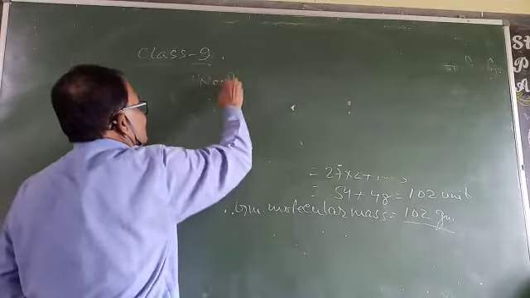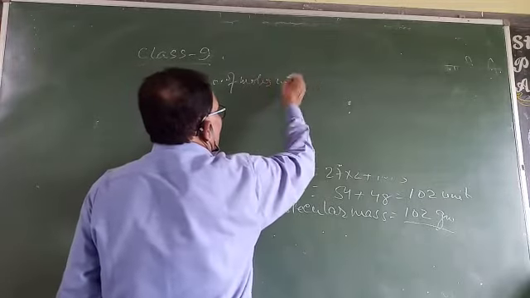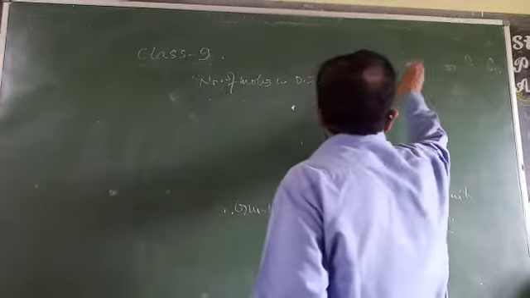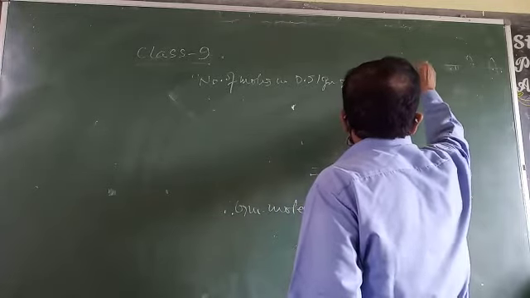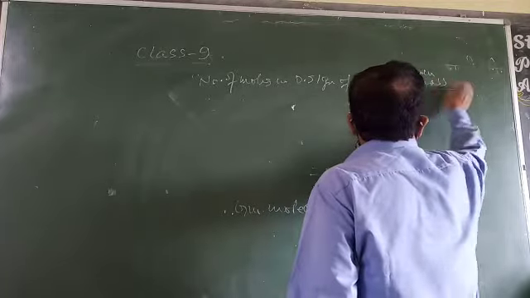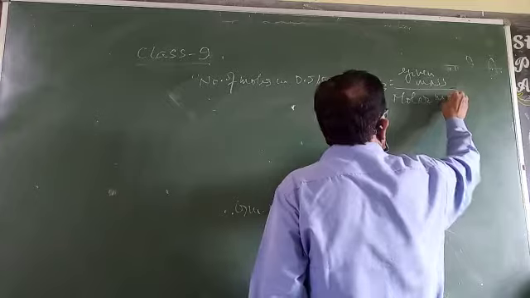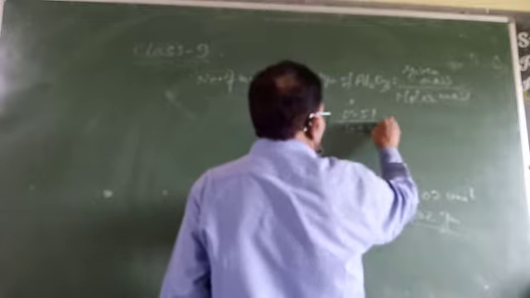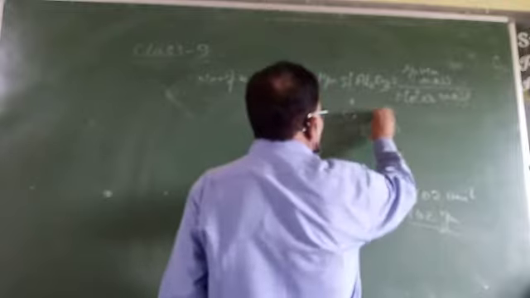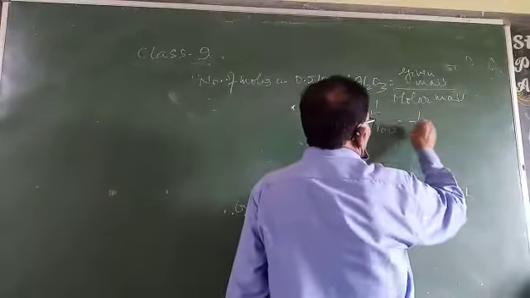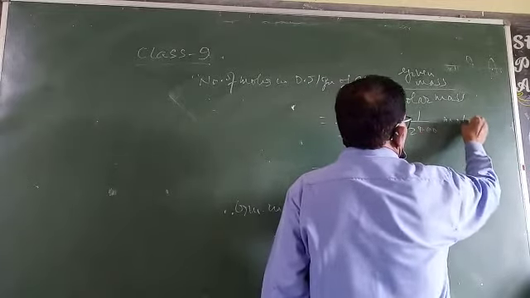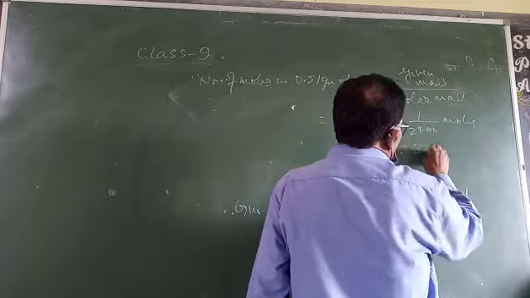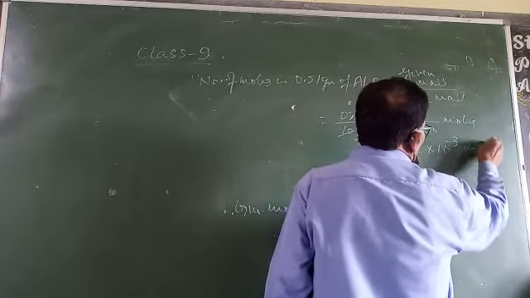Number of moles in 0.51 gram of aluminium oxide equals given mass by molar mass. 0.51 by 102, multiplying by 100 we can remove the decimal, so 51 by 10200, that is 1 by 200 moles, that is 5 into 10 to the power minus 3 moles.